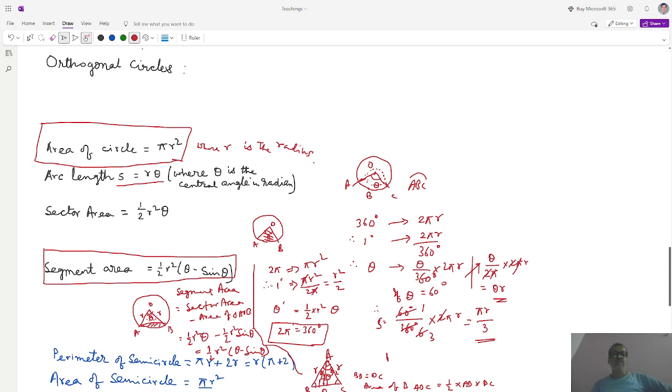Therefore, using unitary method, we can get 1 radian equal to r square by 2 area of sector, and theta radian equal to 1 by 2 into r square theta area of the sector. So sector area equals half into r square theta.